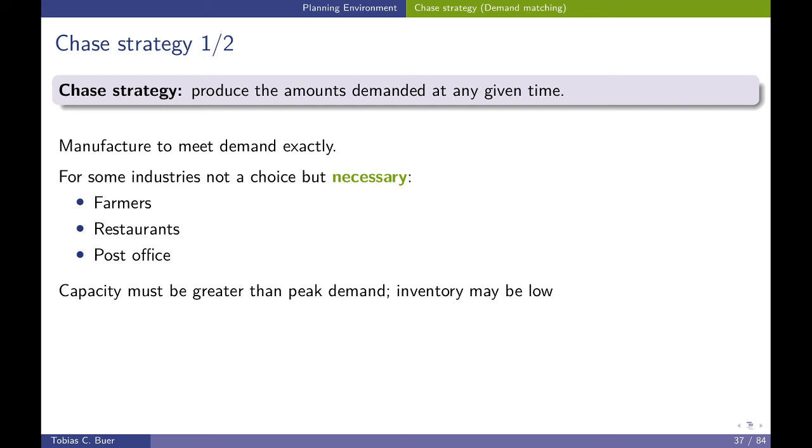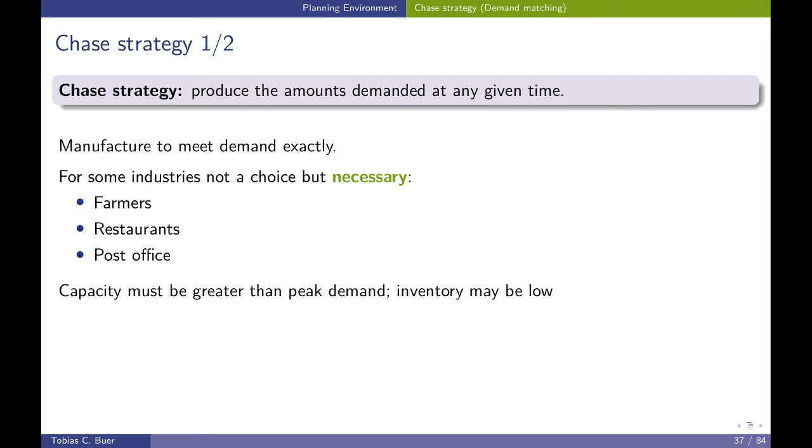It is not acceptable in these industries, for example, to extend the delivery time from 1 or 2 days to 20 days just in order to smoothen the output curve. They have to do it immediately. And the problem with the chase strategy then is that we have to take into account these peak capacities, and we have to design our logistics system so that it is able to meet these peak capacities.